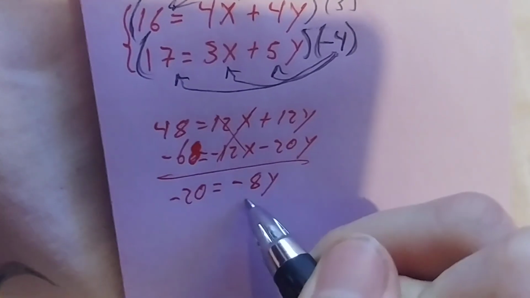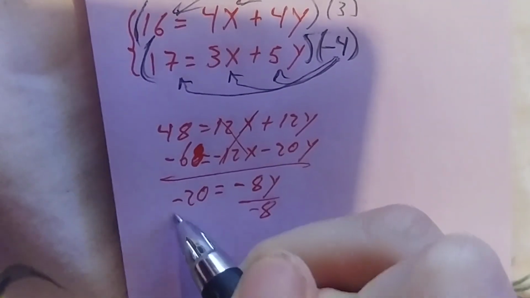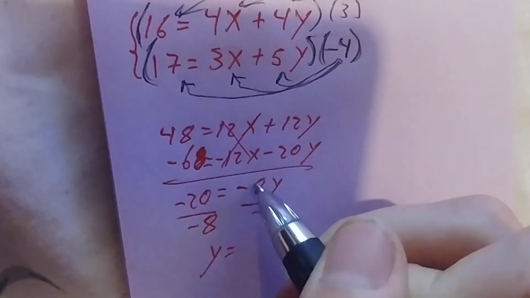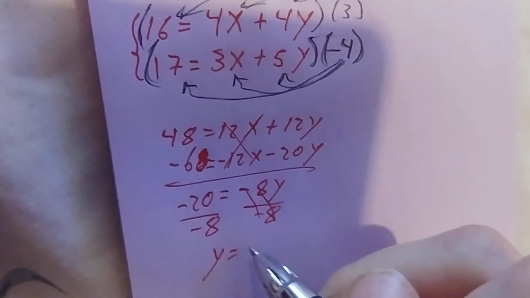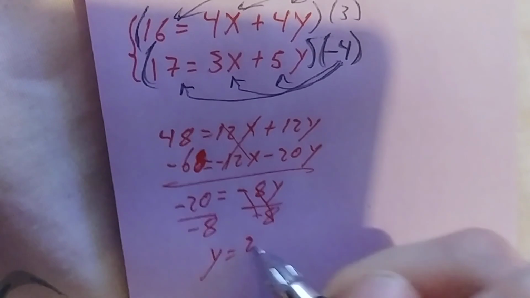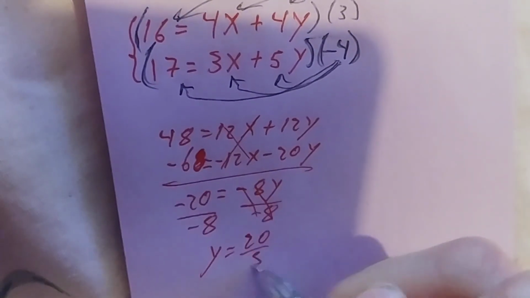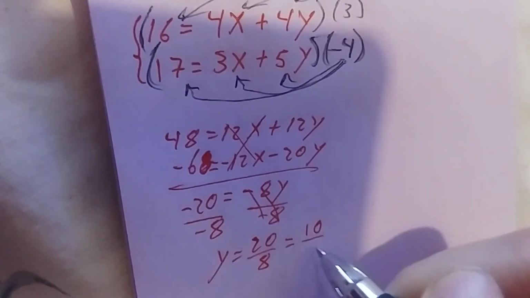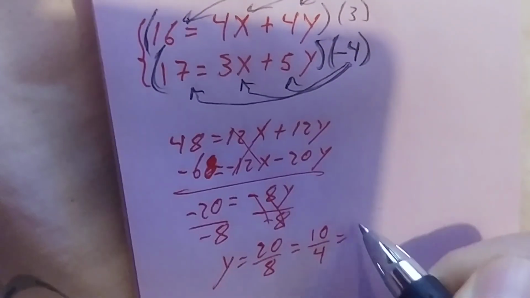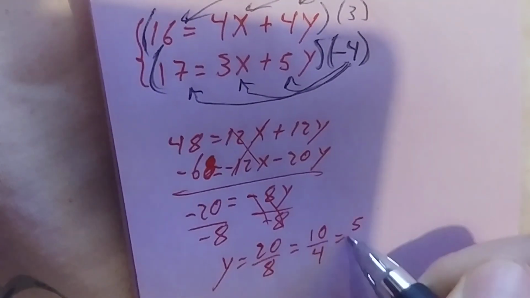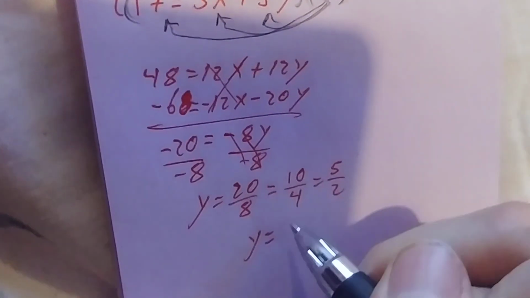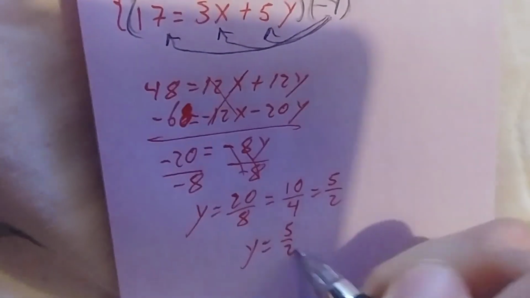So for y, divide by negative 8, divide by negative 8, and I get that y equals positive 20 over 8. I can simplify this to be 10 over 4, and I can simplify further to 5 over 2. So y equals 5 halves.